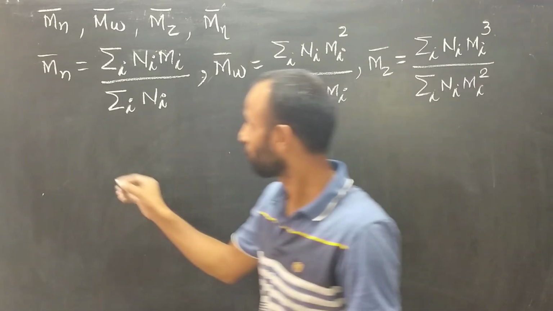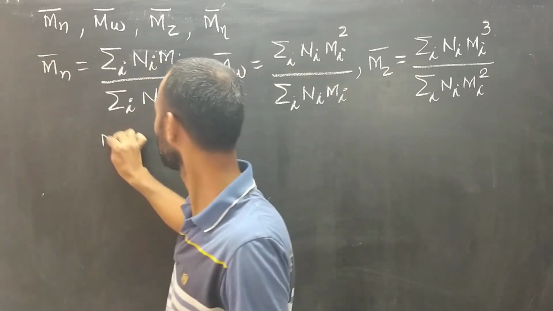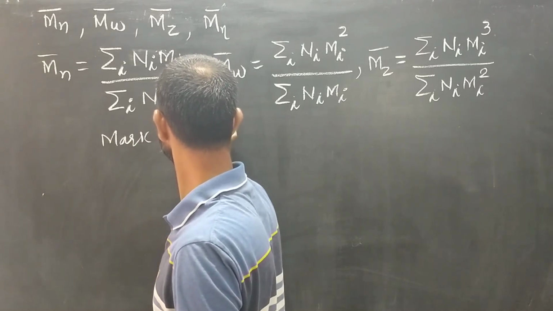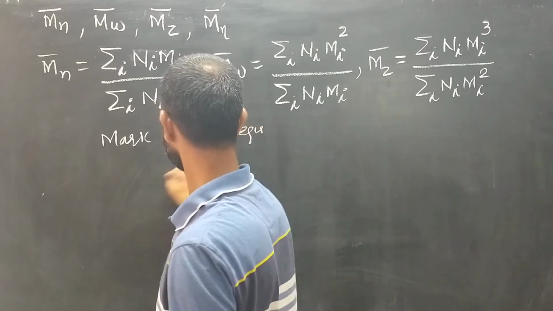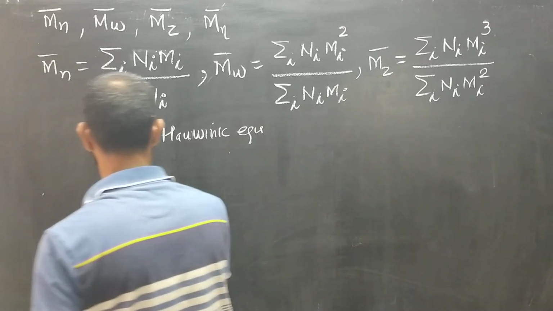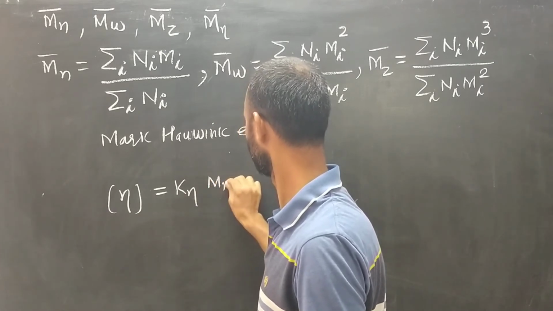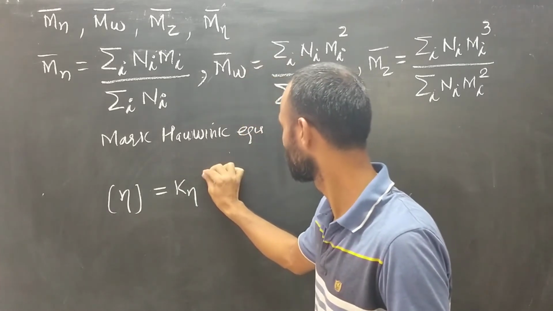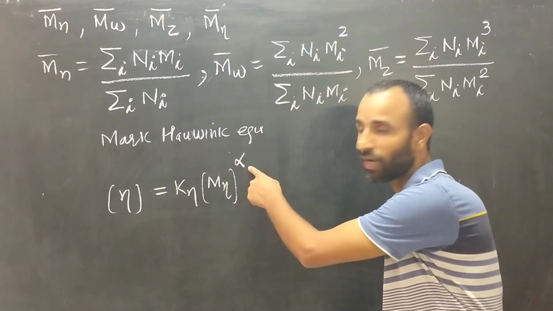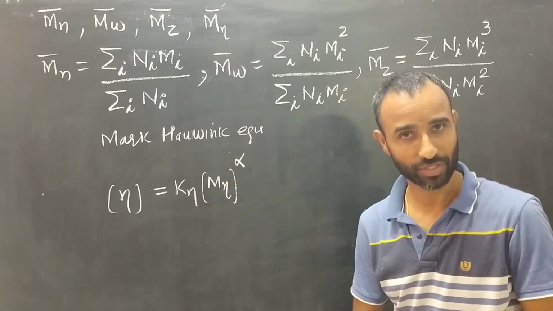Next one is viscosity average. For that we use the Mark-Houwink equation: viscosity equals K times the viscosity average molecular mass raised to the power alpha. K and alpha are the Mark-Houwink parameters.